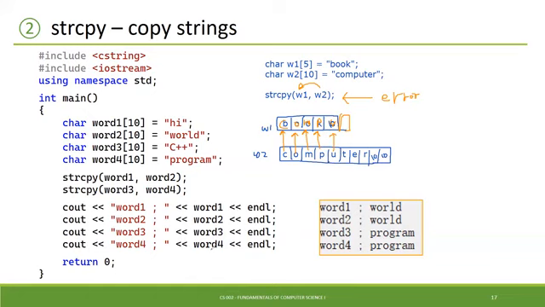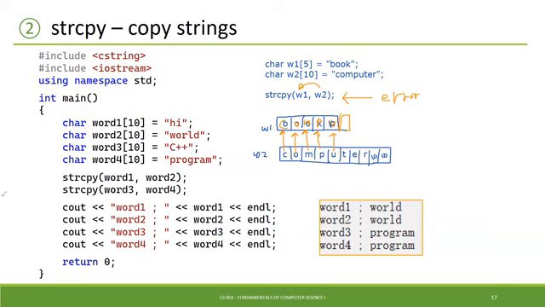So for the previous example, if I copy C++ to program, I should be able to get C++, right? Since it has a null after.